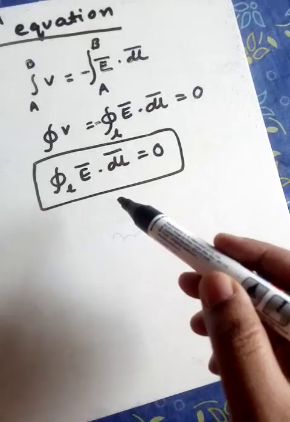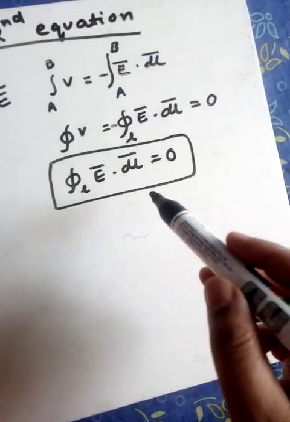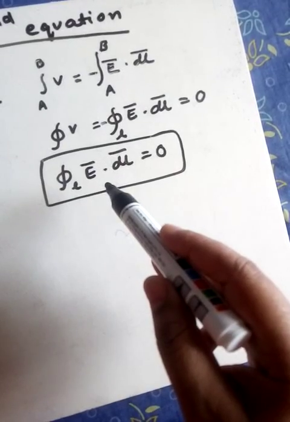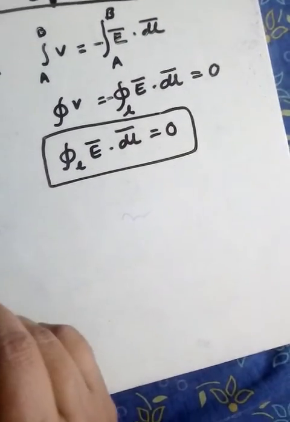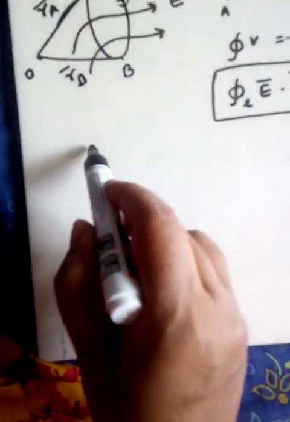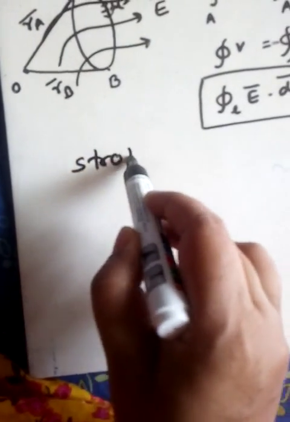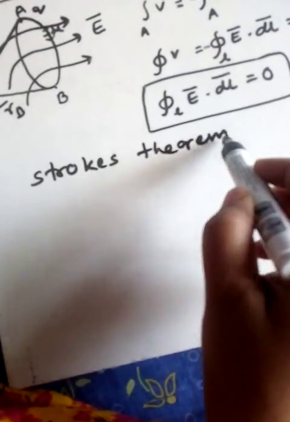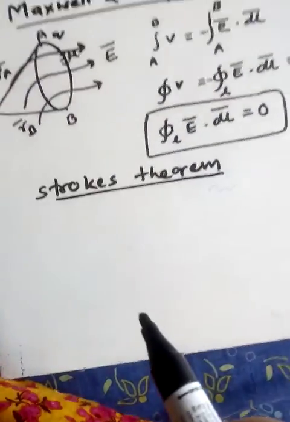Now this is the integral form of the Maxwell equation. To get the point form of the Maxwell equation, we will apply Stokes theorem. Now what is Stokes theorem? This is a very important theorem.